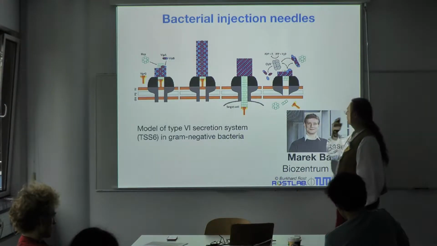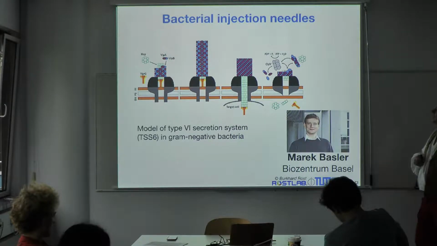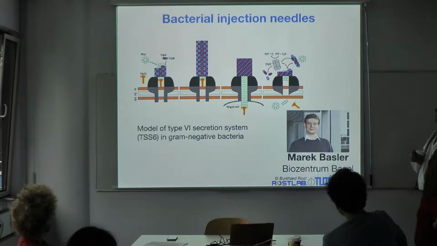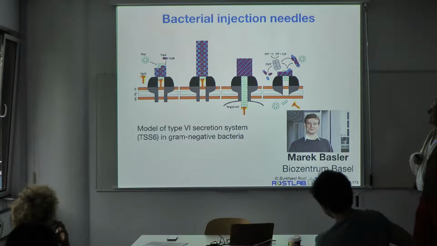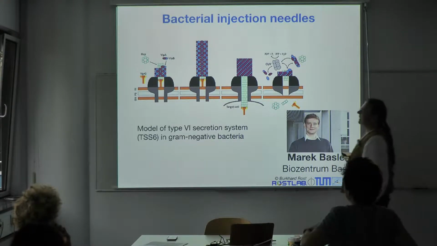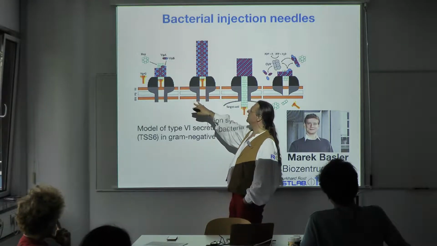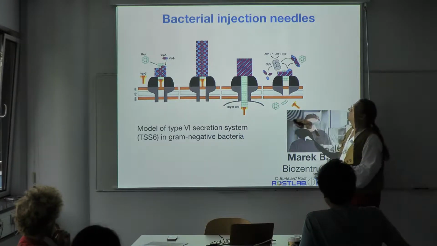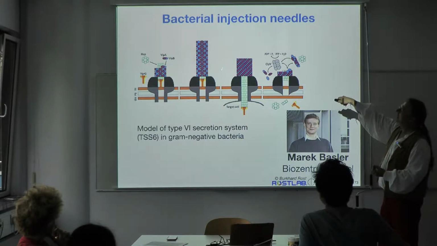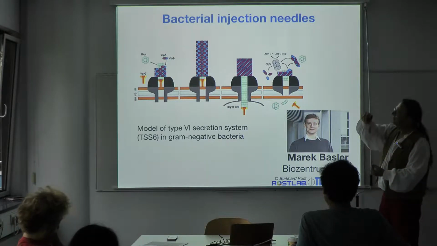And here's an answer. Unfortunately, I don't have a movie about that. Marek Basler just showed me this two days ago. I was totally fascinated by it. It's the bacterial injection needles, the so-called type 6 secretion system. This is all built up of proteins, and on top you have this long extension of molecules that get very long.